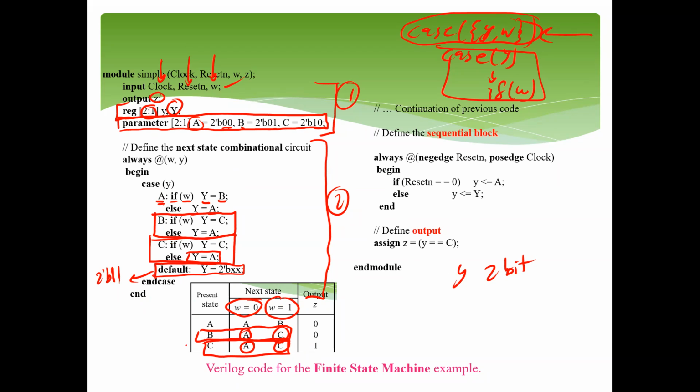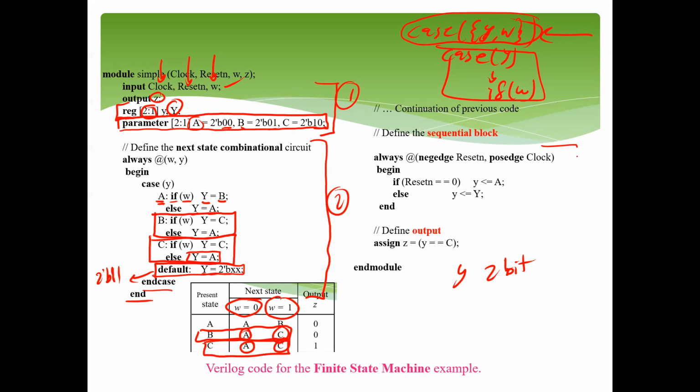That's going to cover the same case. Default will just declare the next state as don't cares or unknown, because we should never reach this value. It's not part of our state diagram. Then end case and end the always statement.